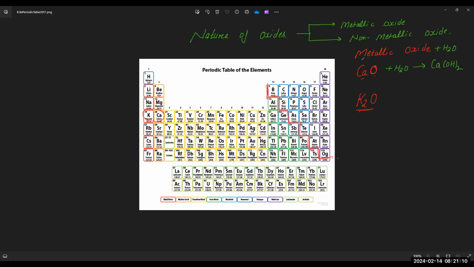All metallic oxides react with water to make hydroxides. And what is hydroxide? It's a base. We know that. This one also reacts with water to give the base 2KOH. Is it clear?